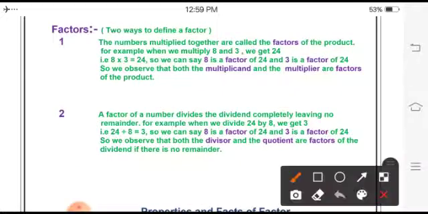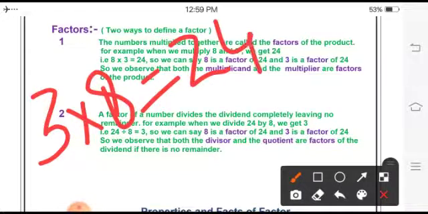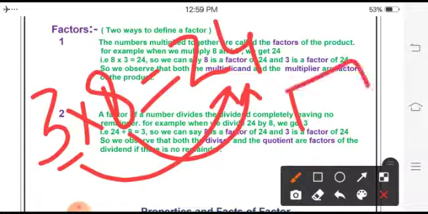And whenever we have factors of a number, like here 3 eights are 24, it means this 3 divides 24 exactly, and 8 divides 24 exactly. Each of them, when they divide 24, leaves remainder 0.